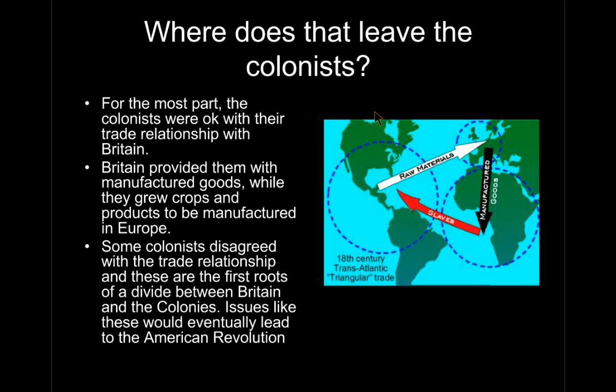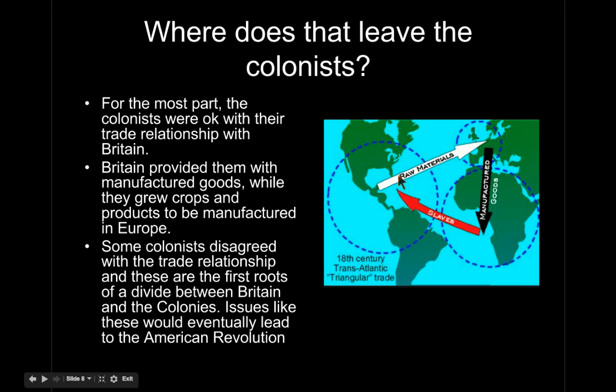However, some colonists did disagree with the trade relationship and thought it was unfair that they had to buy overpriced manufactured goods and did not have a choice of where to buy things. And these are the first roots of a divide between Britain and the colonies. And issues like these would lead to the American Revolution.